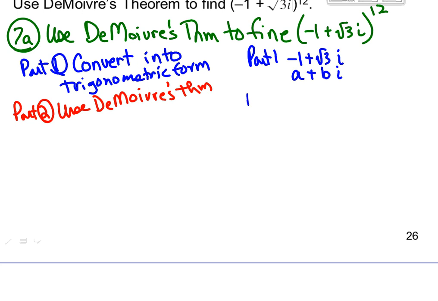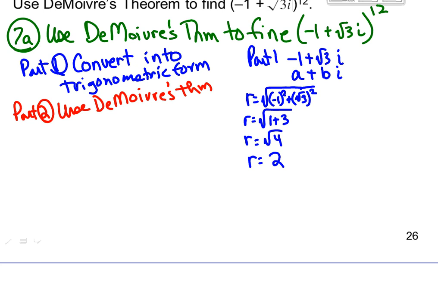And so r is the square root of a squared plus b squared, so -1 squared plus the square root of 3 squared, not including that i, just keep that in mind. So r is the square root of 1 plus 3, r is the square root of 4, so r is 2. So that was pretty straightforward.